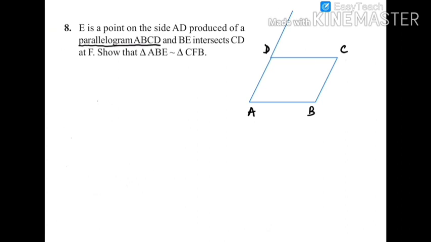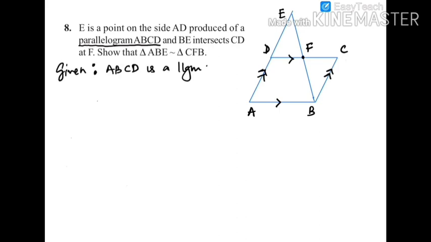And mark this point as E. And BE intersects CD at F. So we have to join BE, which cuts DC at F. ABCD is a parallelogram, so opposite sides are going to be parallel. So we are given that ABCD is a parallelogram.